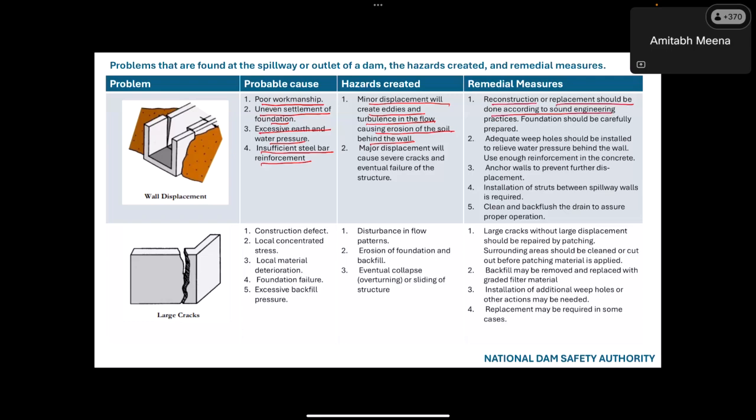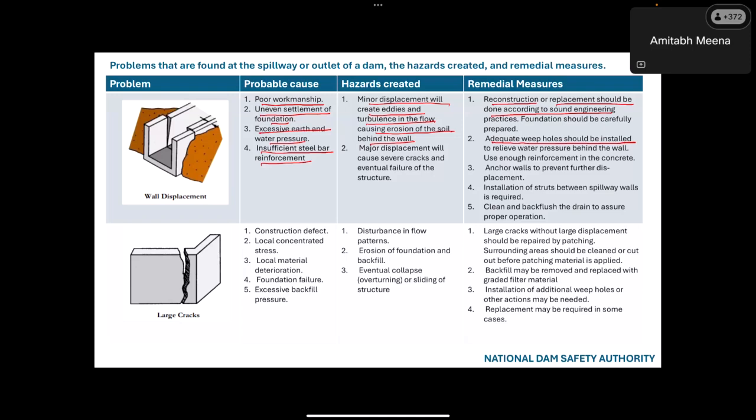Adequate weep holes should be installed. Generally, in the spillway, we provide some pipes to dissipate the excessive pore water pressure from the structure. Those are called the weep holes. So adequate weep holes should be installed to relieve water pressure behind the wall.